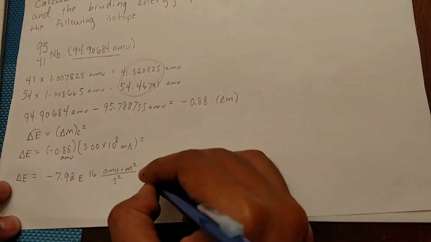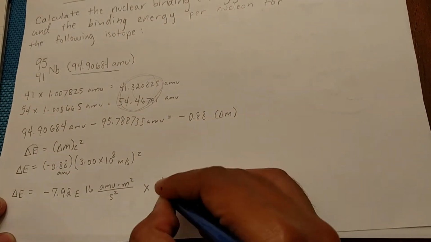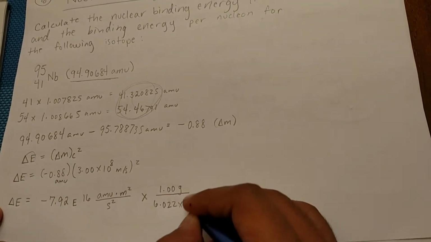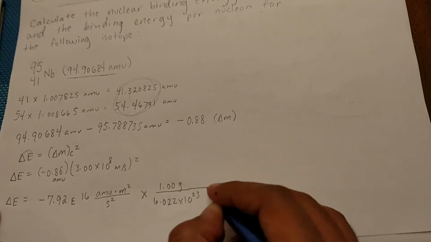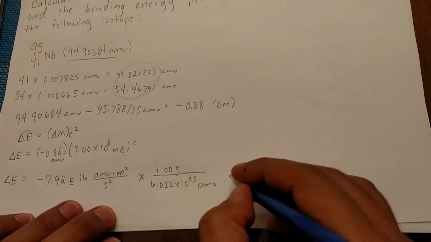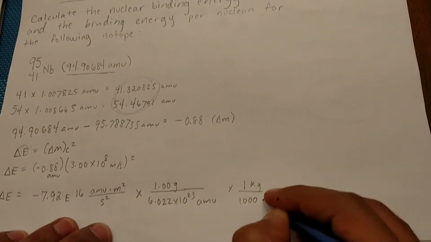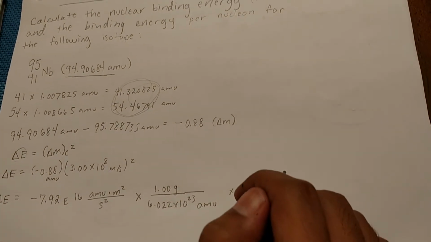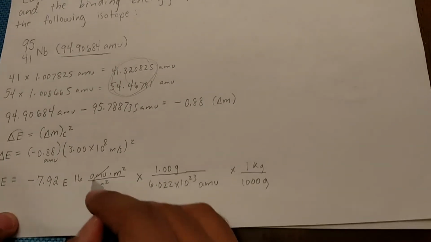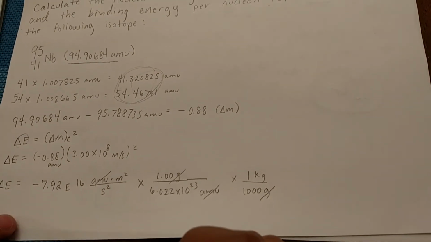We want to multiply this by 1.0 grams over 6.022 times 10 to the 23, this is Avogadro's number, times 1 kilogram over 1,000 grams. Cancel all your units out: AMU, grams, grams.